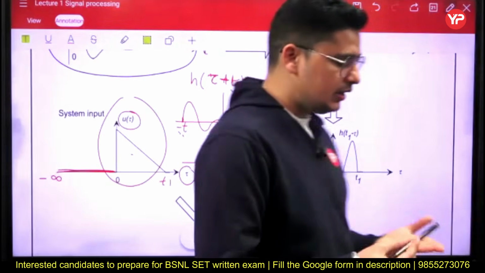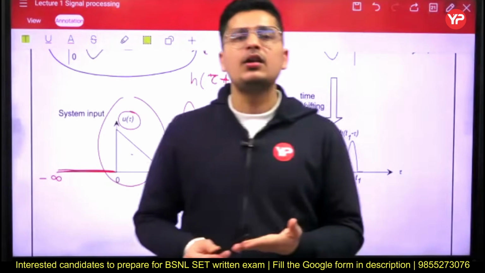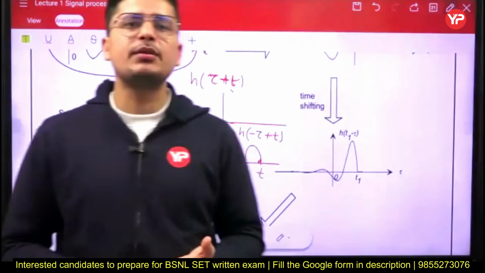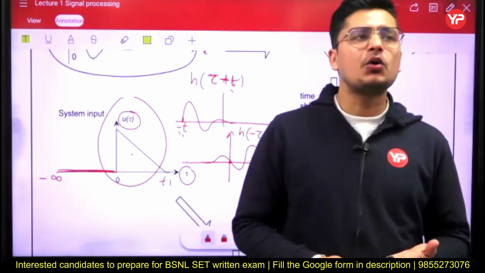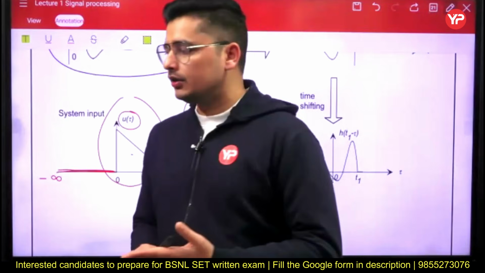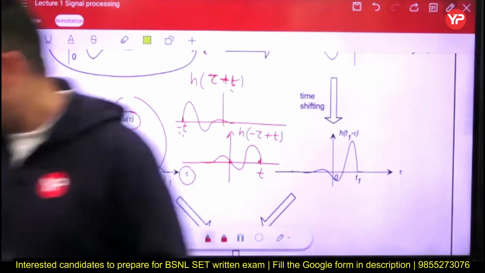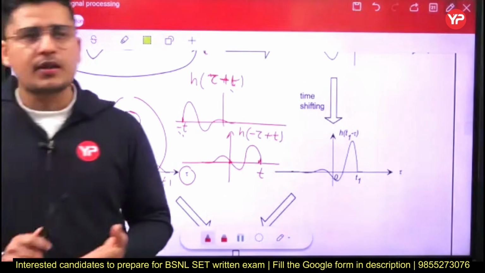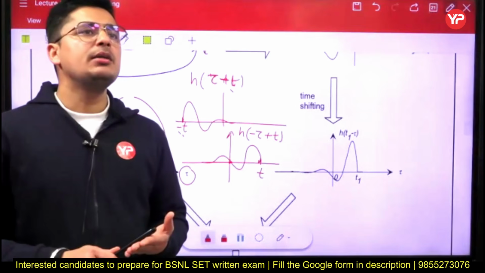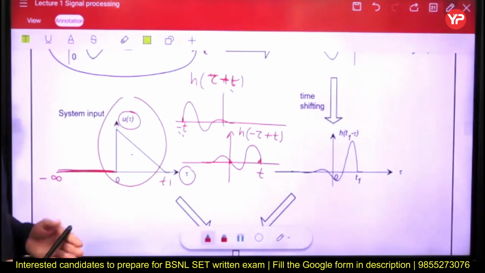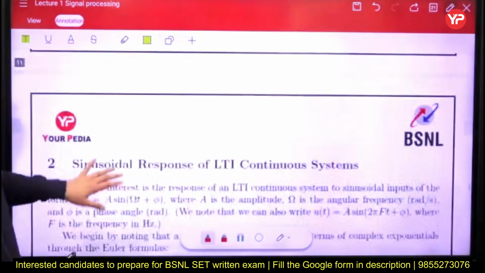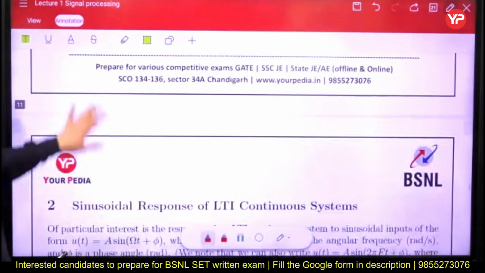Just remember one thing: if you have a system whose impulse response is h of t and input is x of t, then its output will be the convolution of the input and the impulse response. Okay, this is convolution.